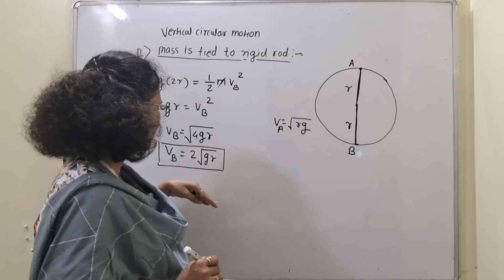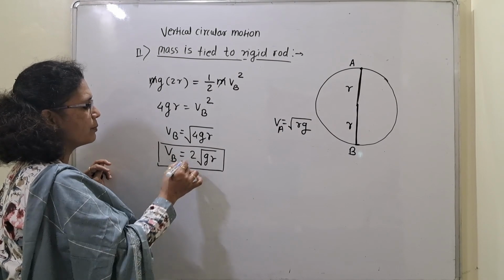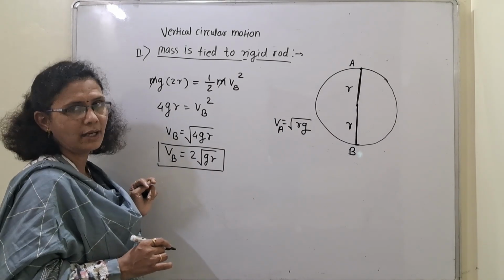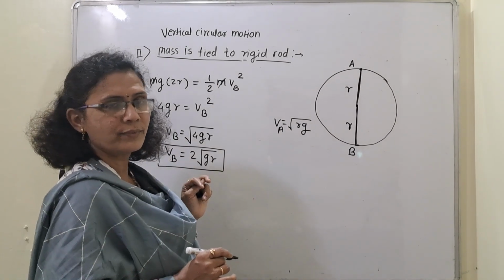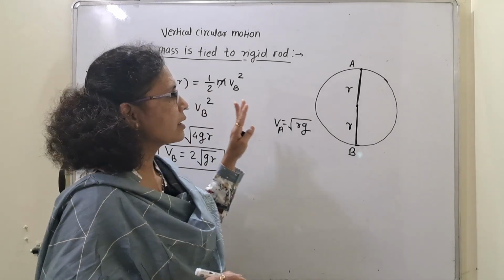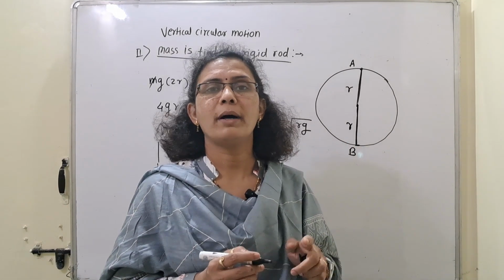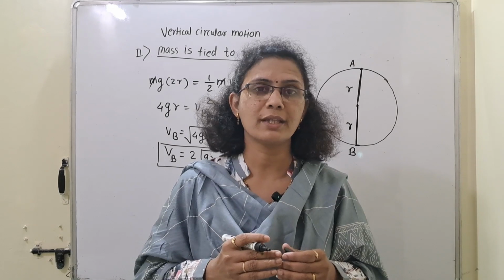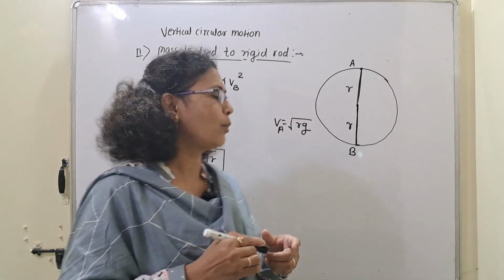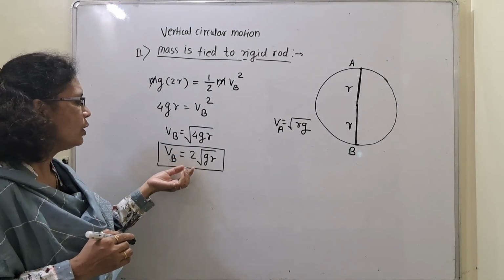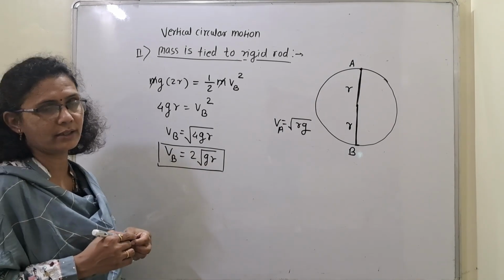And at the bottommost position, the velocity will become 2 under root gr. You understood? When we consider the rigid rod, the velocity of the particle at the topmost position will be 0, and at the bottommost position it will be 2 under root gr.